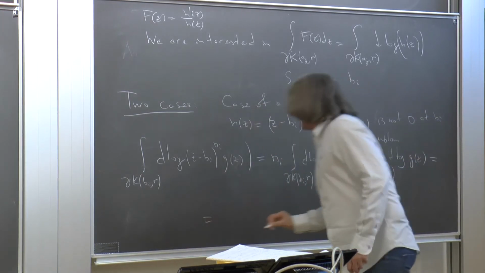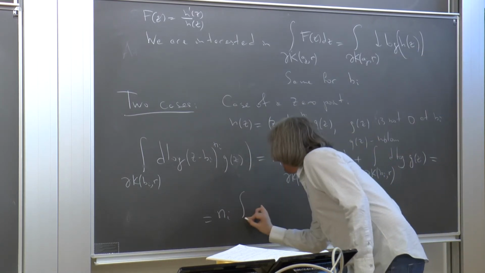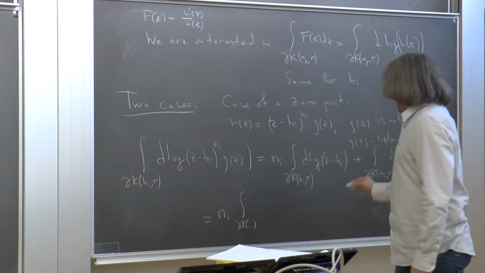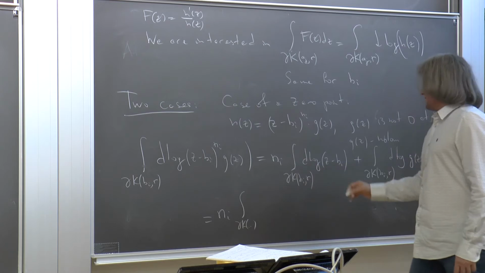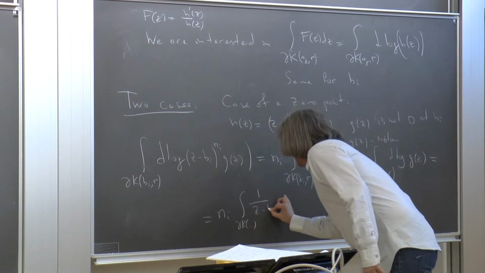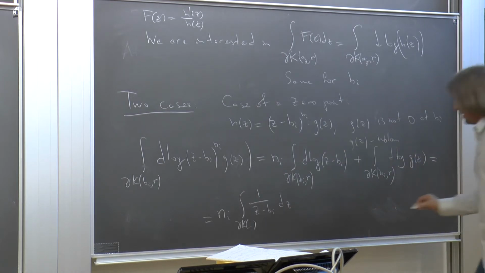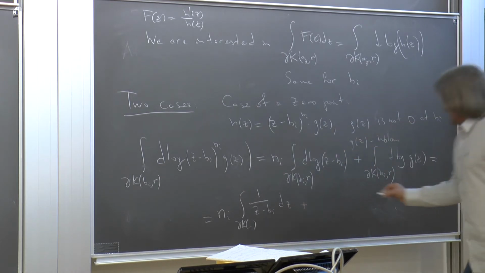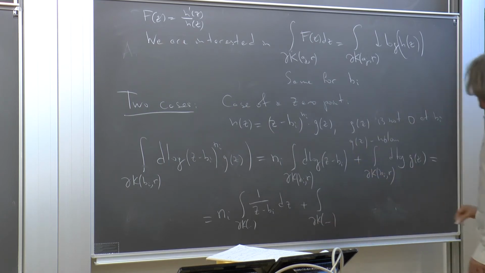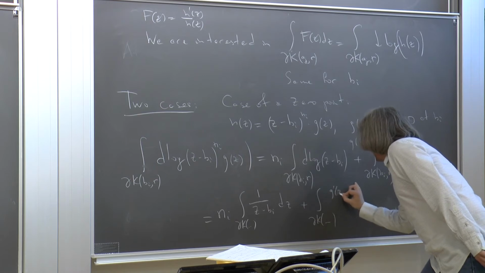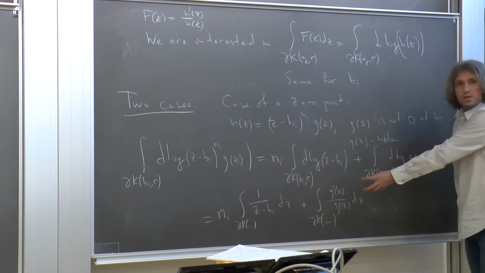Since I was using this just as a notation, let's go back to what we started. So this is n_i times the integral over the same circle of, if you write what d log of this is, 1 over (z minus b_i) dz, plus the integral of g prime of z over g of z dz. Now this is a holomorphic function.